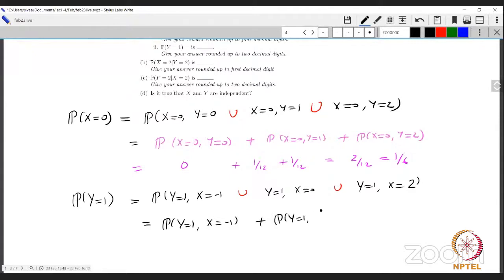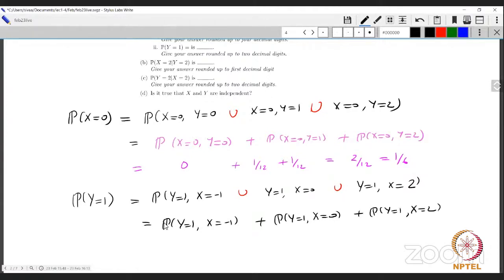So your probability y equal to 1 and x equal to minus 1, plus the probability y equal to 1 and x equal to 0, plus the probability y equal to 1 and x equal to 2.